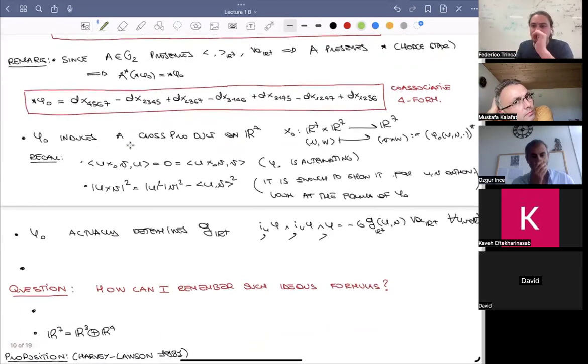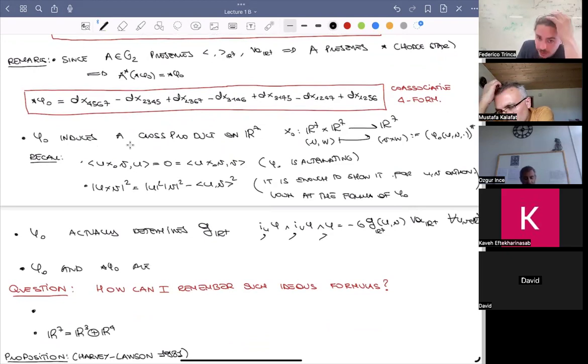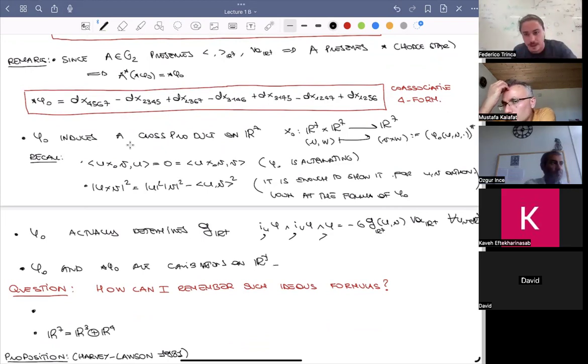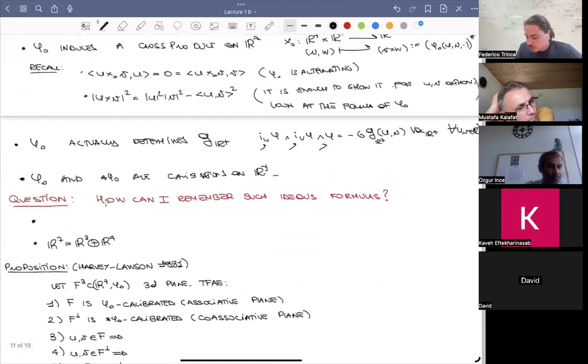The last fact is that phi naught and star phi naught are actually calibrations on R7. This is once again obvious because they are parallel and so closed, and by inspection they have comass less than or equal to 1.